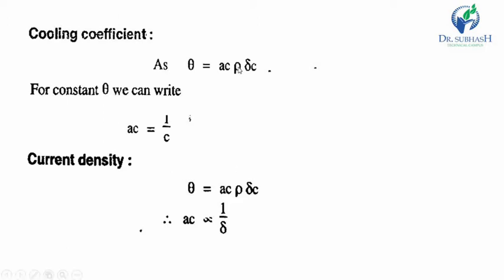So our AC is equal to 1 by C. Here we see the equation theta is equal to AC into rho into delta C. Here we take theta as a constant value, and delta and rho are also constant.